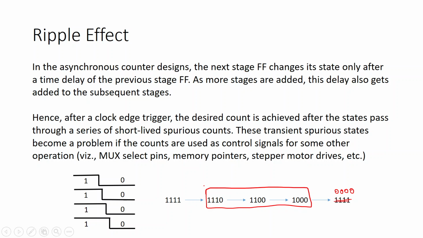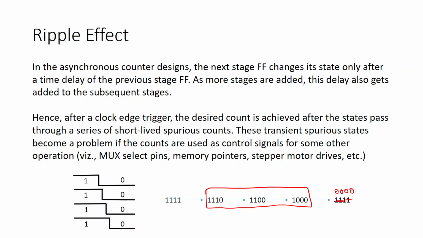These counts we did not want in the system, but they happened because of the asynchronous design. Normally this is not a problem, because we observe the signals after some time, after giving them a steady state time to settle down.